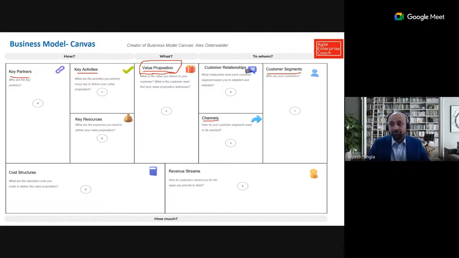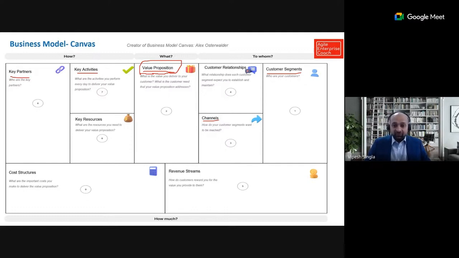Please remember that all of these channels can be different for a single product. You might use one channel for promoting, another channel for actually selling it, and another channel for delivering it. You can have a different channel for each of these activities, or you can have the same channel as well, based on the product you are designing.